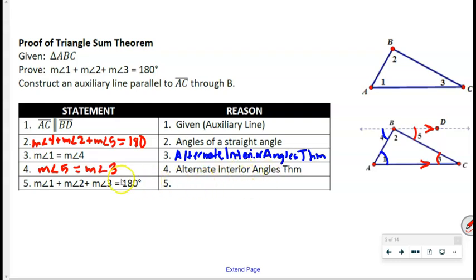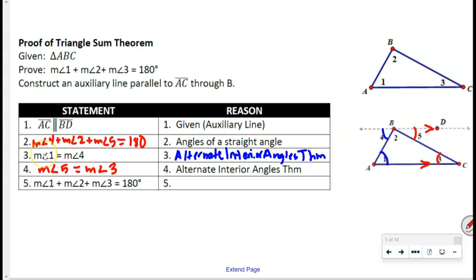So now we have all this information above here, and then we have that the measure of angle 1 plus measure of angle 2 plus measure of angle 3 is equal to 180. So look up here, we had the measure of angle 4 plus 2 plus 5. We got our 2 down here, and notice we said that the measure of angle 5 is equal to the measure of angle 3. So right there's angle 3.